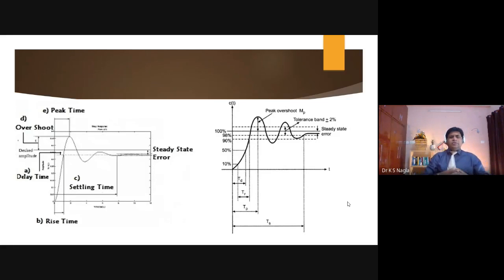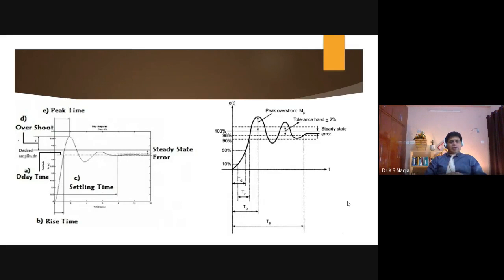These two diagrams you have already gone through in your graduation course, showing how the response looks and what parameters are there. This is again the time domain. The graph is shown in the time domain, and in this graph it shows the settling time, at what time your process settles down and goes to a steady state with the minimum error.